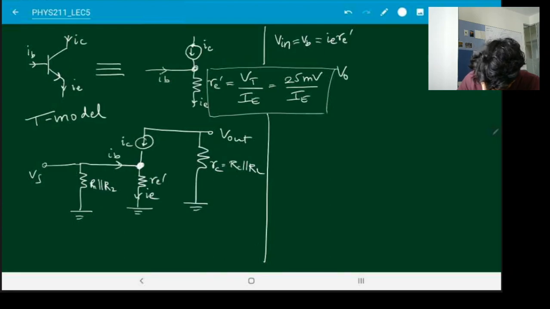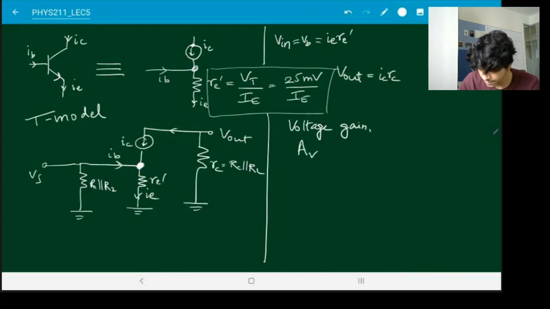And what is V out? V out is the potential over here. Now there's the collector current flowing through this. So V out is just IC RC. So then the voltage gain, which we denote as AV, is just V out divided by V in, which is IC RC divided by IE RE prime.